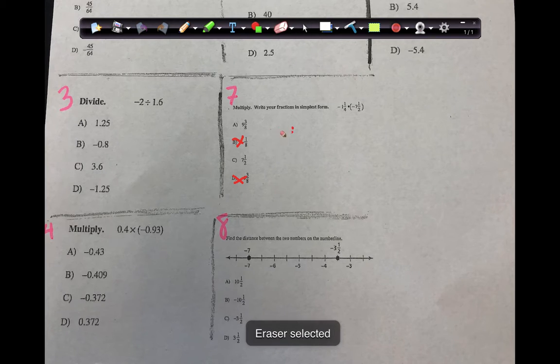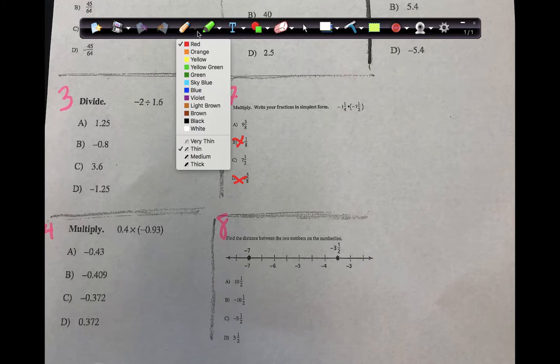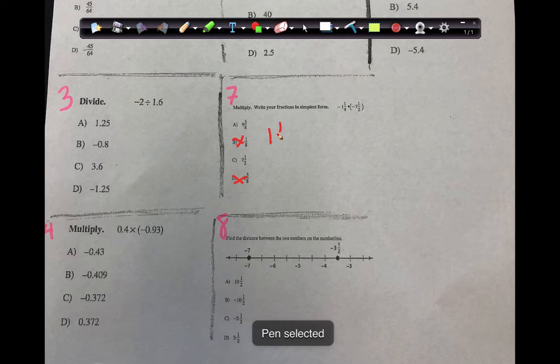Let's start that over. 1 1/4 is equal to 5/4. The reason we do this is because this is a whole number and this is a partial. So these are different sizes, and if we multiply, we're going to be multiplying different sizes, and it's messy.